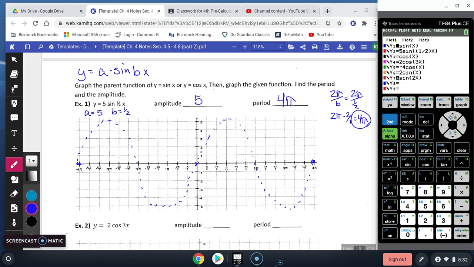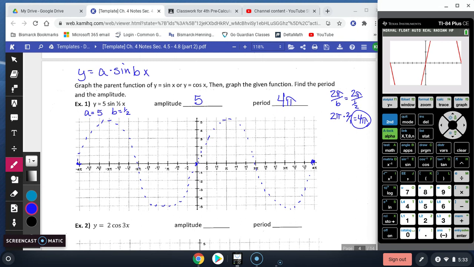Let's go ahead and turn that off. Hit something wrong. There we go. Enter. And here it is. So 5 sine of 1/2 x. If I graph that, oh, okay, I can't see it.